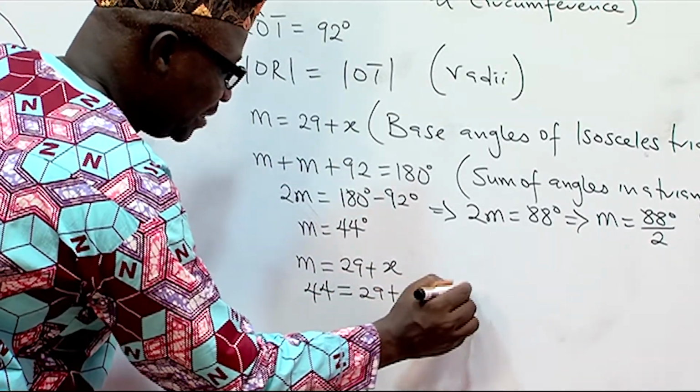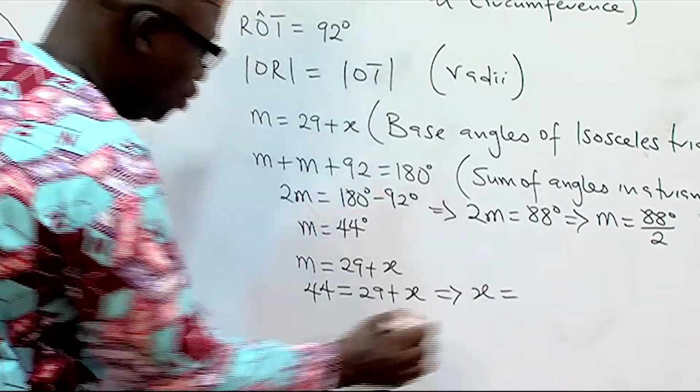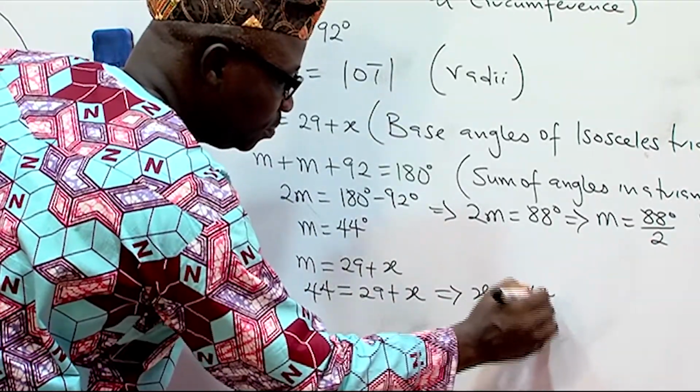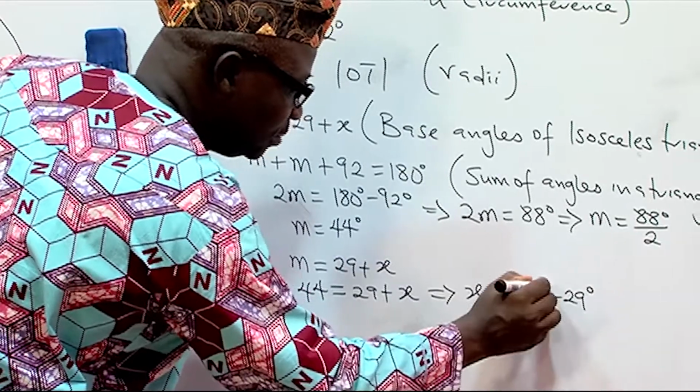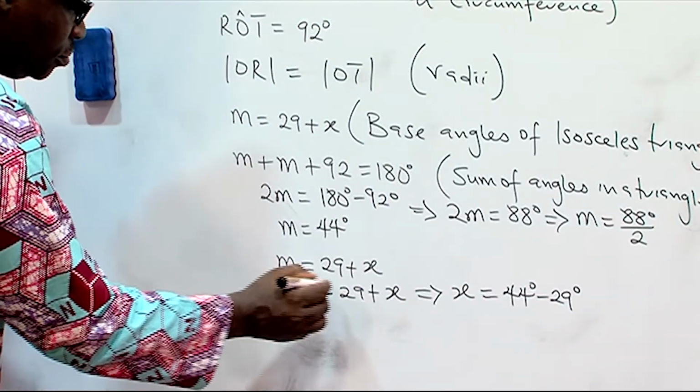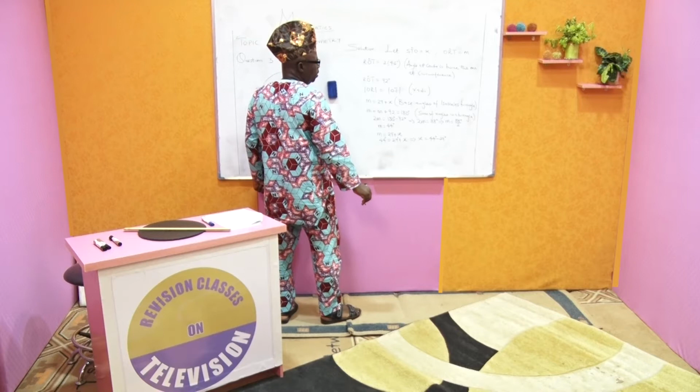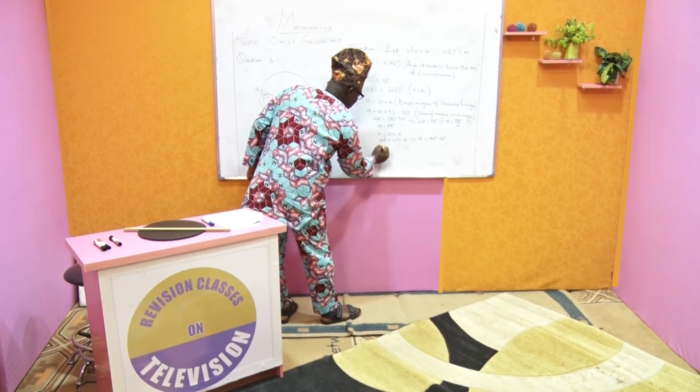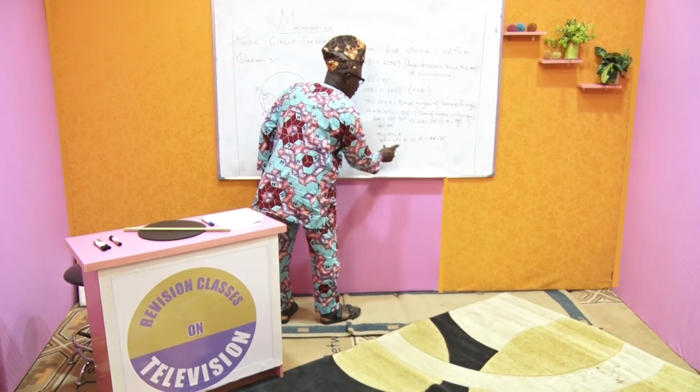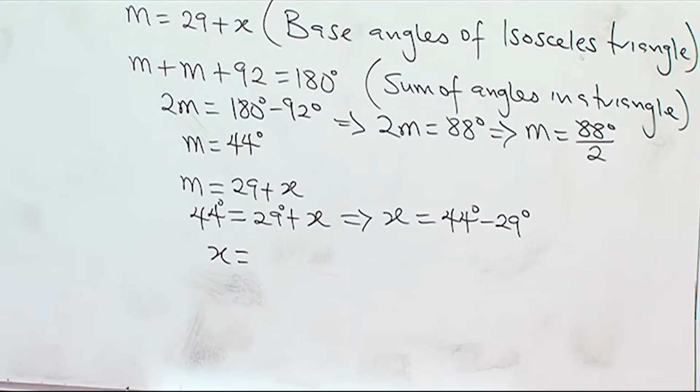So this implies that X is going to be 44 minus 29 degrees. So at this point, X is going to be, that is when you subtract 29 from 44, we are going to have 15 degrees.